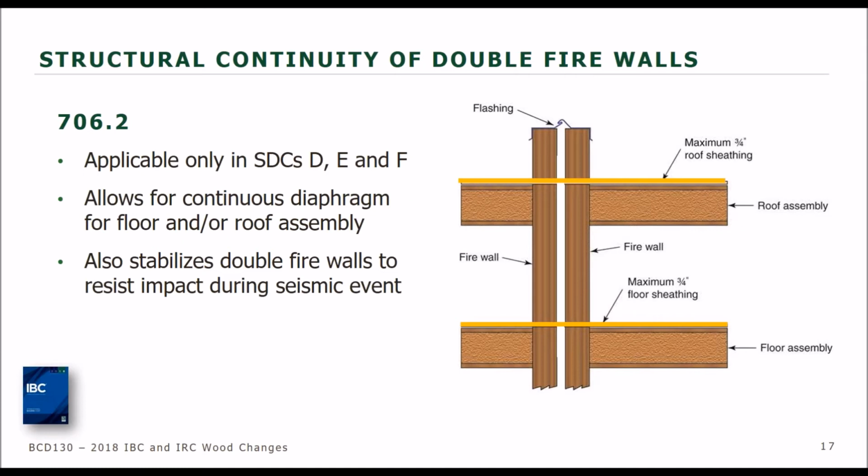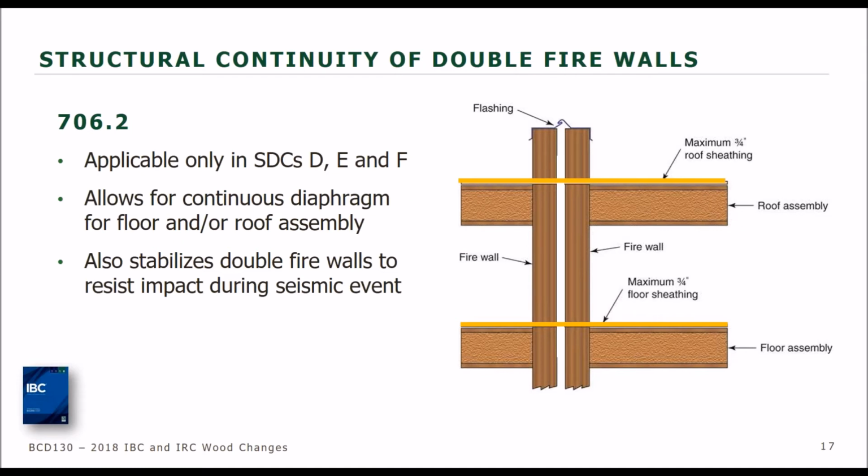And this has to do with the collapse requirements. So I guess the first question, what do we do with SDC, seismic design categories A through C? In seismic design category A through C, we're not allowed to have the sheathing go through the firewall.